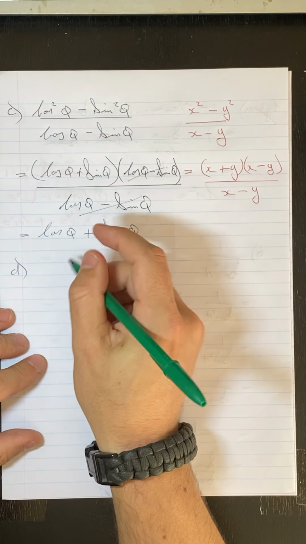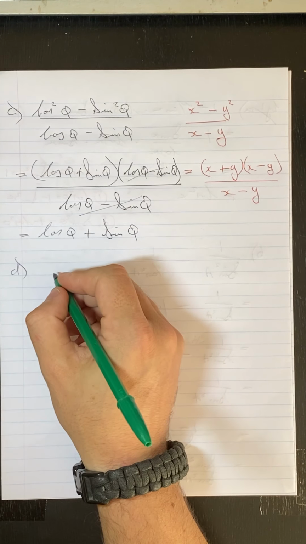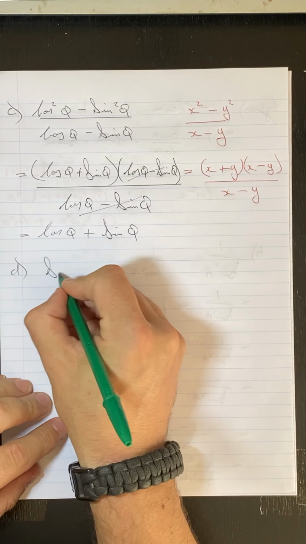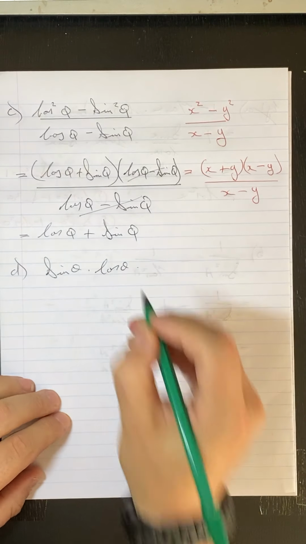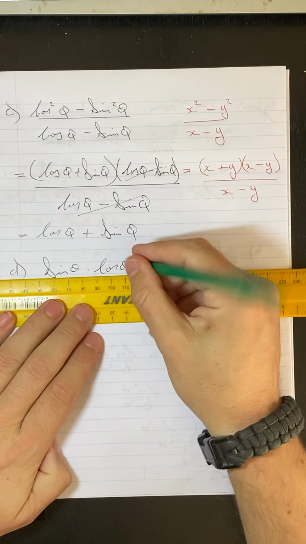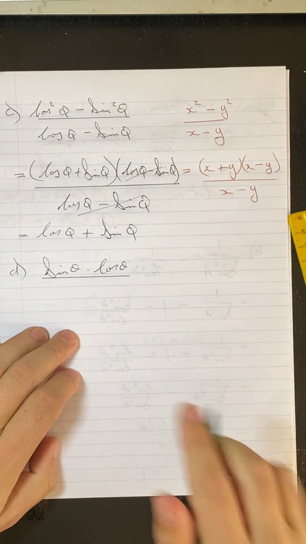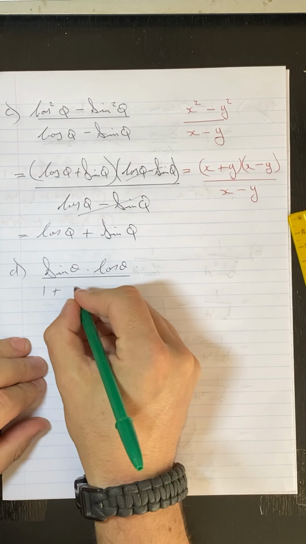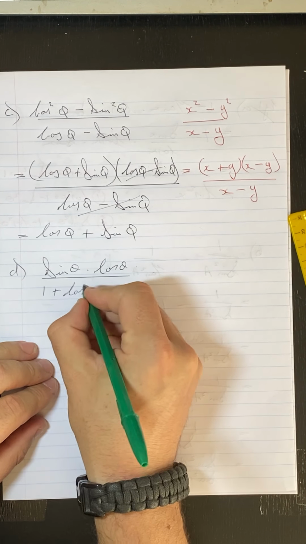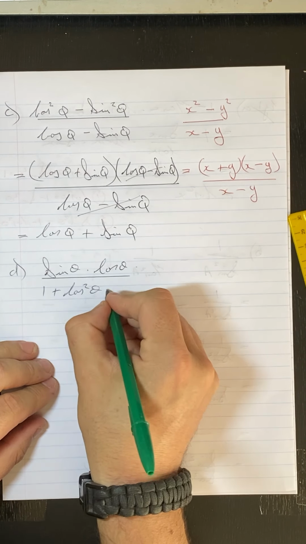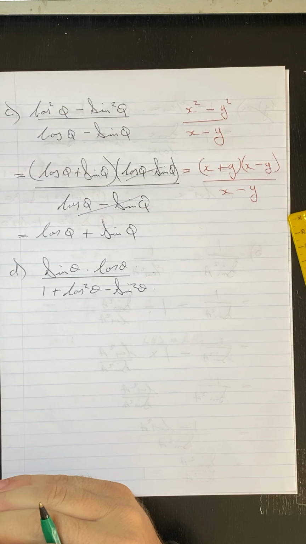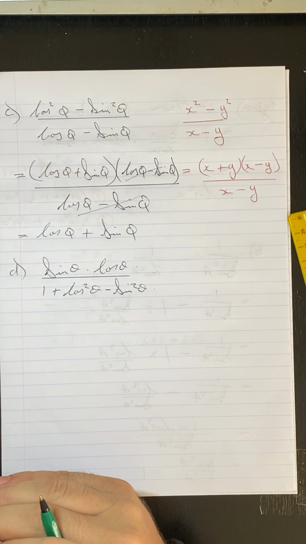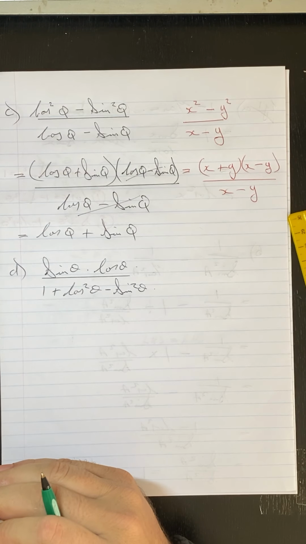All right, so let's look at example D. Again, they're asking us to simplify, and we've got sine theta times cos theta over 1 plus cos squared theta minus sine squared theta. All right, so the first thing I'm going to have a look at is trying to maybe eliminate some kind of stuff here.